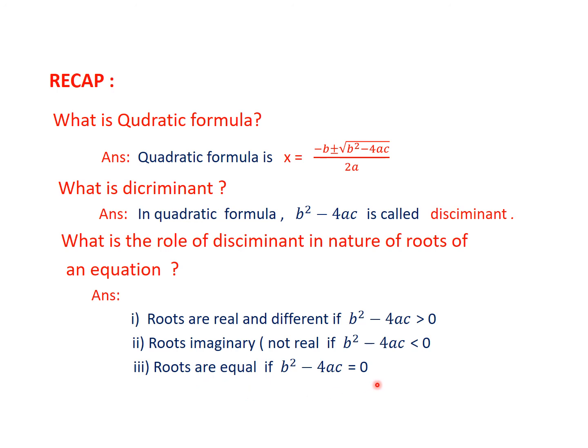It means any quadratic equation will have two same roots if the discriminant we get is 0 on simplification. These are main ideas. Students, I hope inshallah you will be able to apply and solve the quadratic equations by using these quadratic formulas.